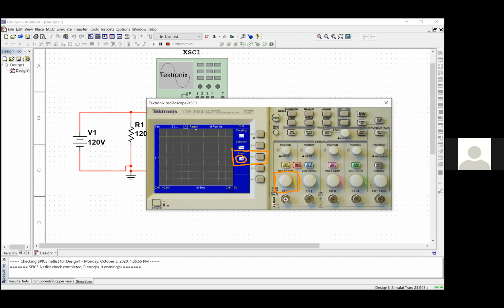Now, something else, I'm going to have to get back into our AC circuit. Okay, let's get back to AC. The reason why I want to get back to AC is because I want to show you how you change the frequency on the oscilloscope.